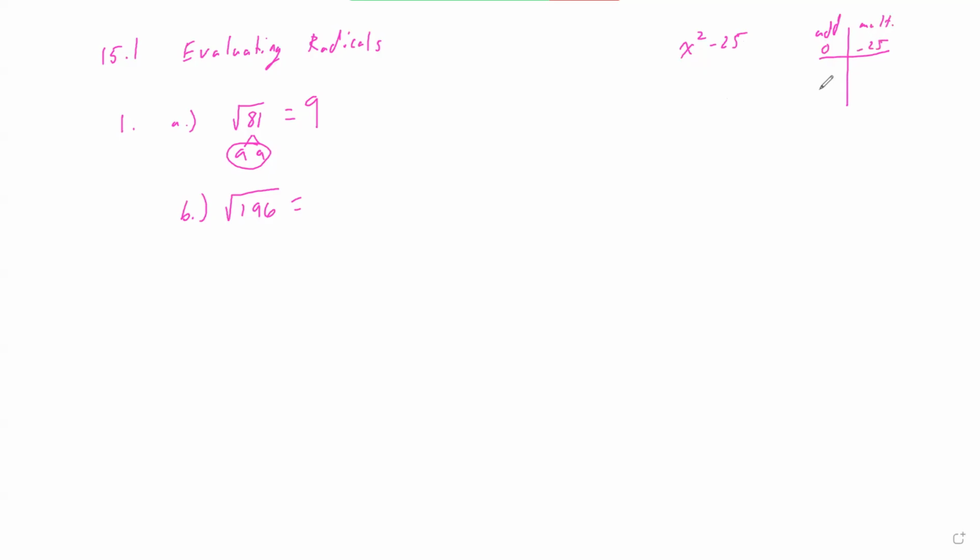And every time we were trying to add to 0, we knew these two numbers had to be the same, just opposite numbers. So we would come up with 5 and negative 5. In this case, it's the same concept. You're trying to find two numbers that would multiply to 196, but they have to be the same. So then I don't have to add to 0, but they have to be the same.